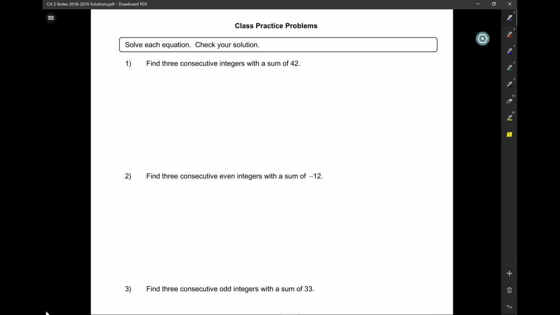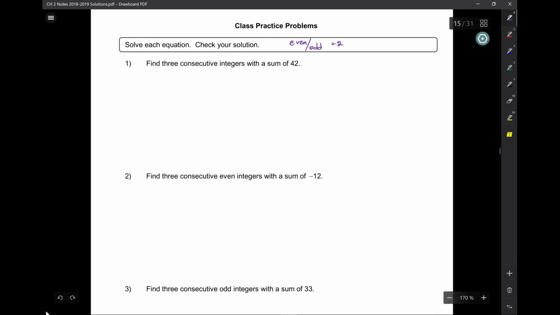So before you start, okay, if it just says consecutive integers, then you're going to add 1. If you see the word even or odd, you're going to add plus 2, right? You're going to go n plus 2, n plus 4, n plus 6.